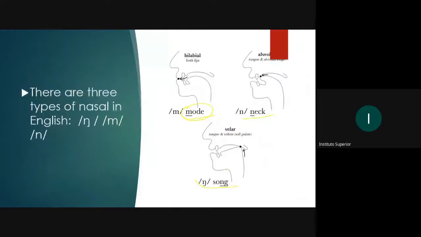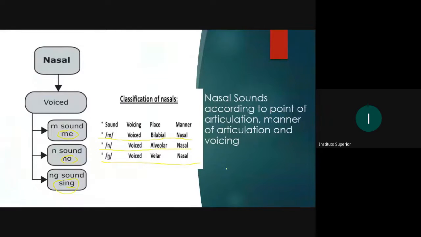Pay attention to this group of words. The three here are voiced. The three are nasal. Just change the place of articulation.